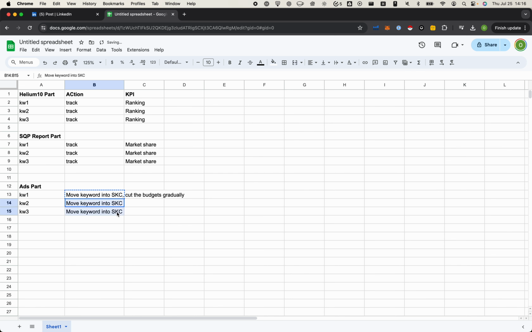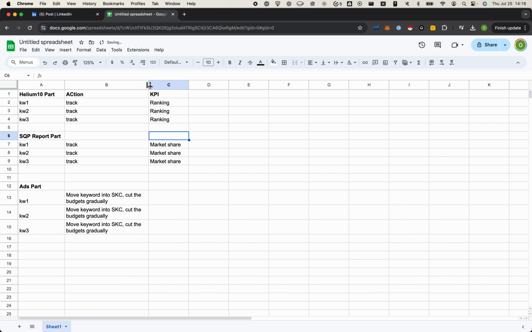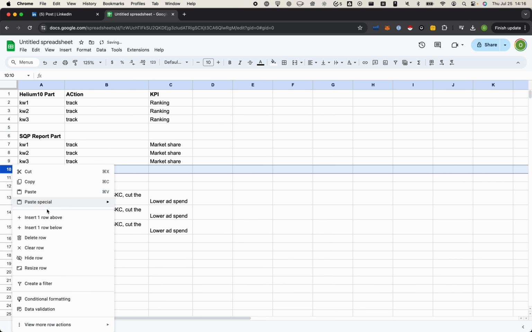Yeah, exactly. We are cutting it down. We are not gonna push it. We're just gonna pull back, even though the product is super successful on those keywords. And of course, the KPI for this part is going to be lower ad spend, right? That we want to see if the ad spend is actually coming down or not.